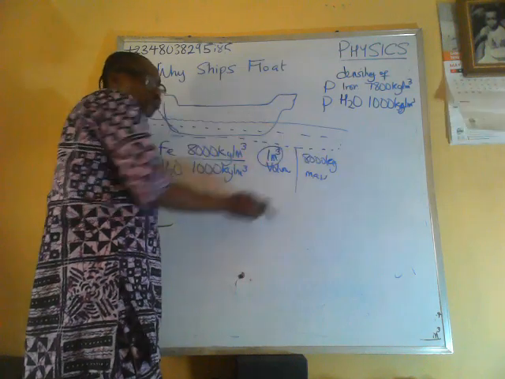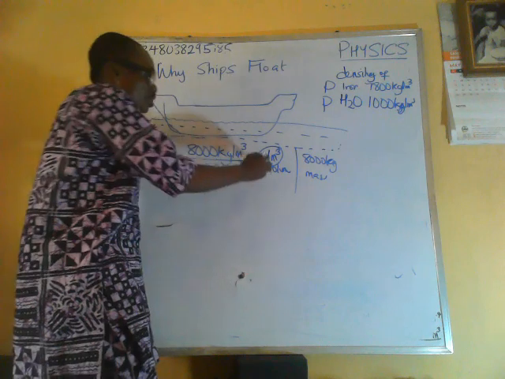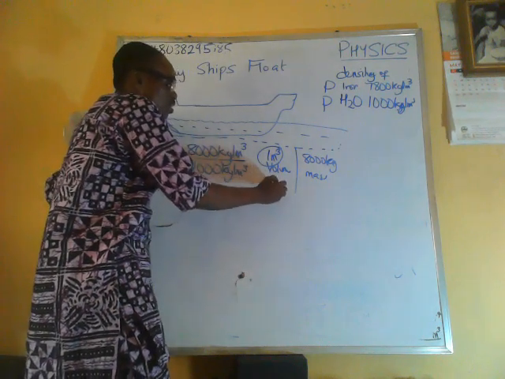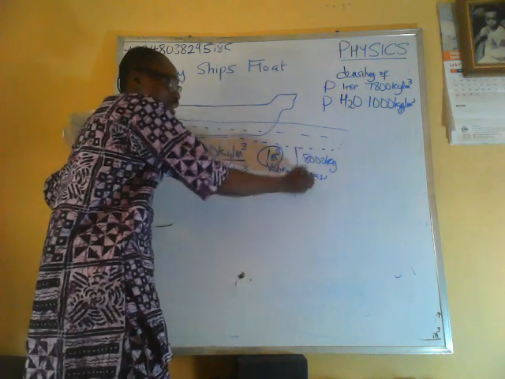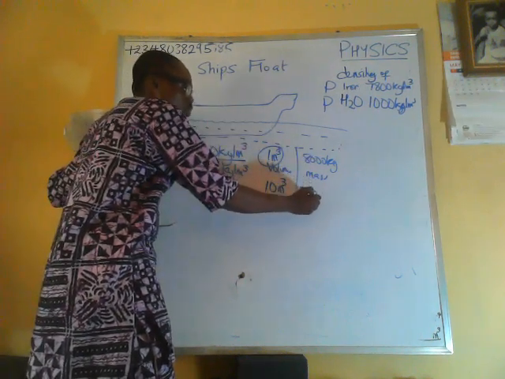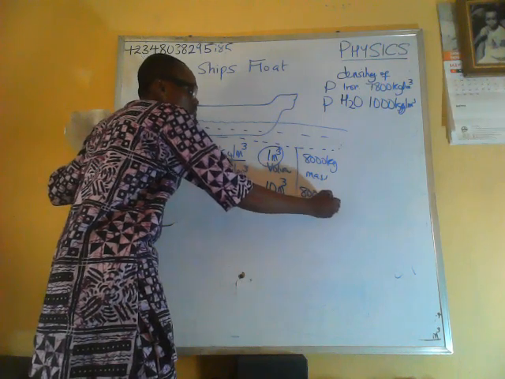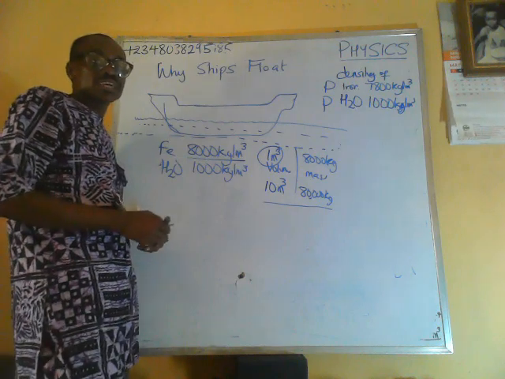That volume of iron is going to have a mass of 8,000 kilogram. If we take 10 cubic meters of iron, then it's going to have a mass of 80,000 kilogram.